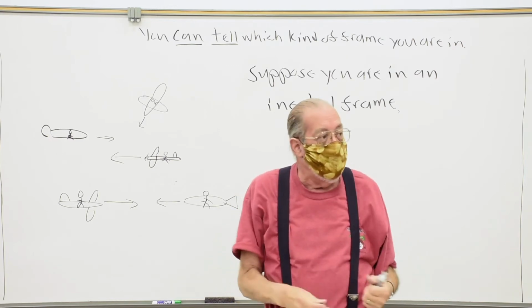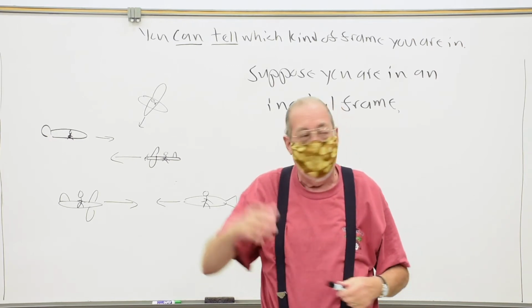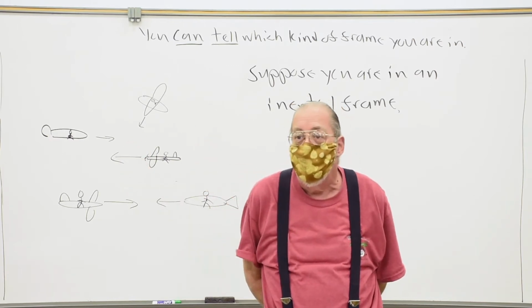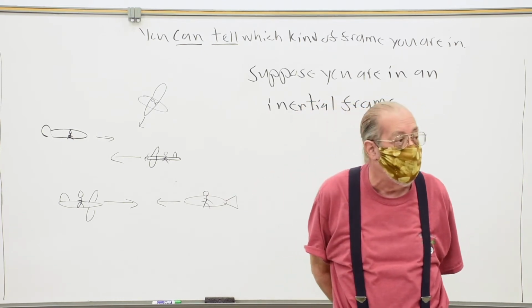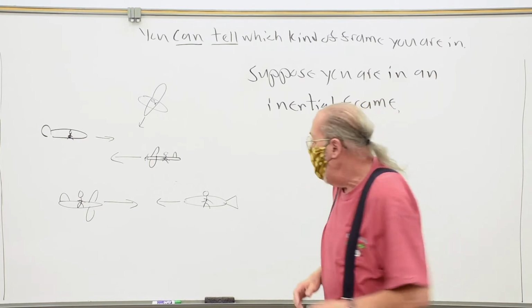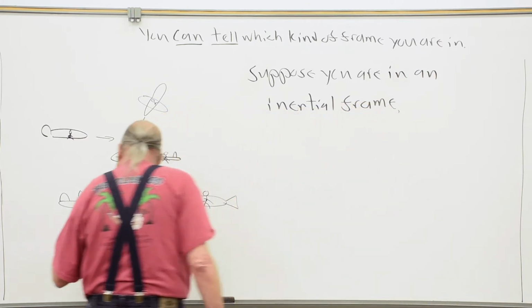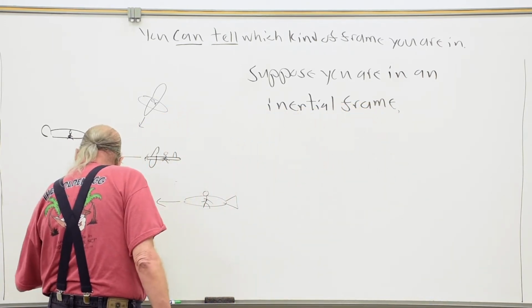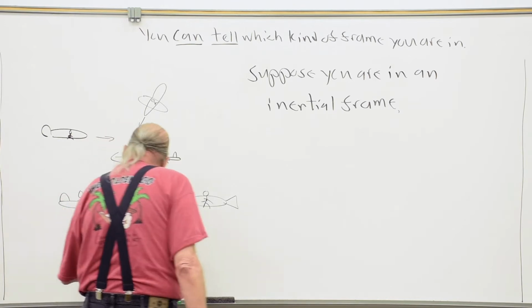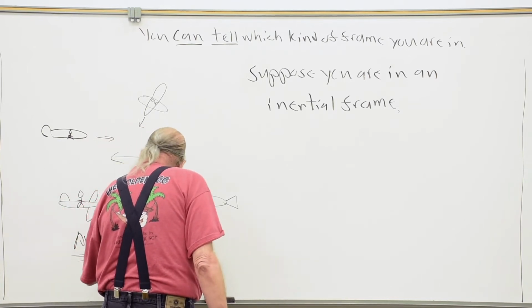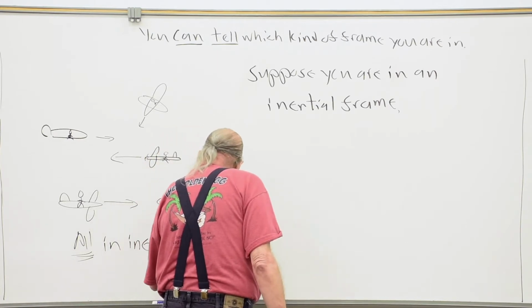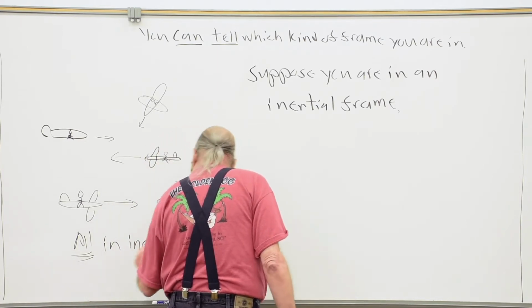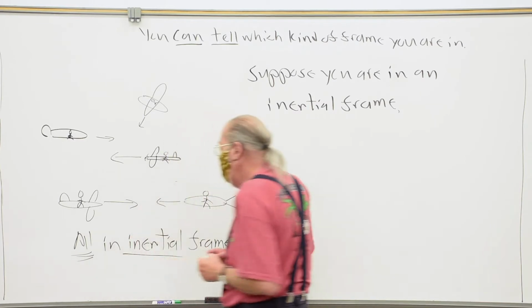We look out and we see galaxies coming towards us, but are they coming towards us or are we going towards them? So everybody's in inertial frames. In every case here, they are in inertial frames. But they're moving with respect to each other.